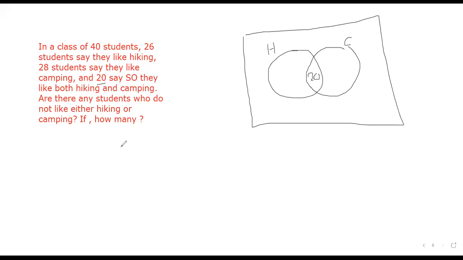Then we subtract 36 minus 20, which is 16. It's for hiking only. So for hiking, we're going to get 16.